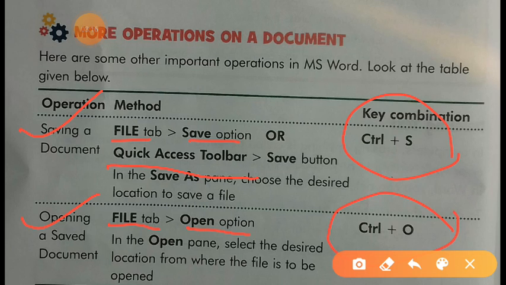You can also use the shortcut key combination, that is Ctrl plus O. When you press Ctrl plus O, then the Open dialog box will appear. You have to select your file, and then click on the Open option.